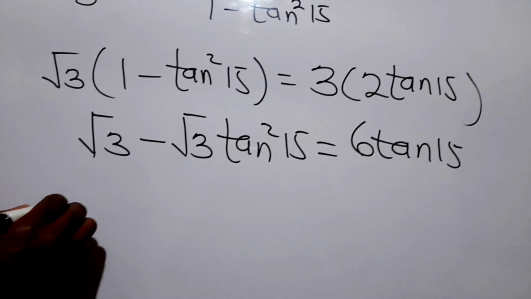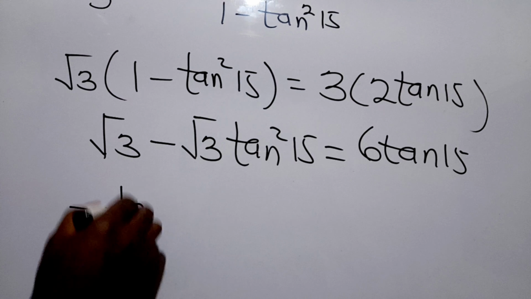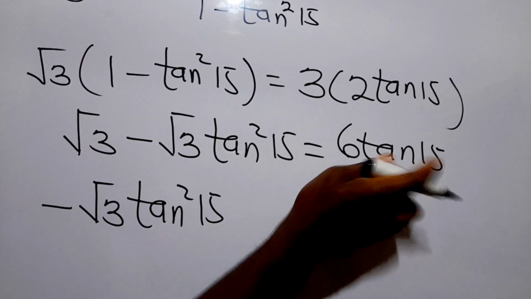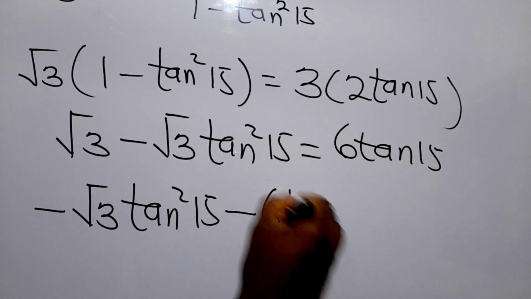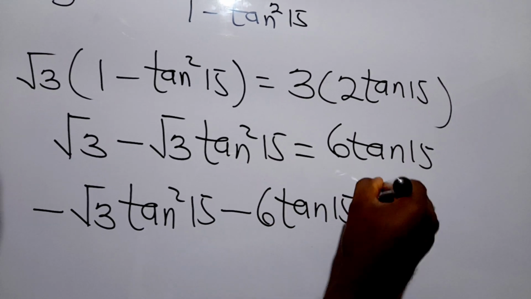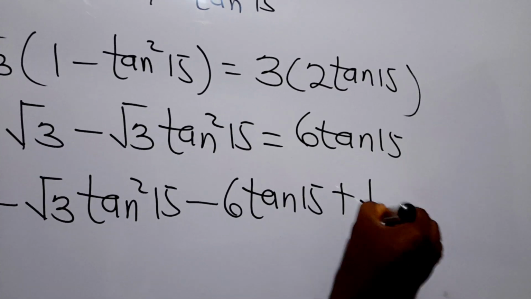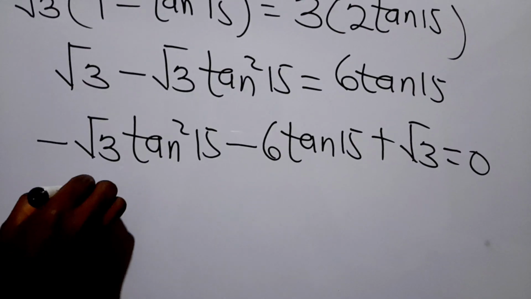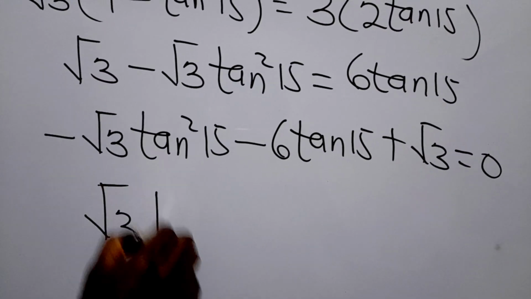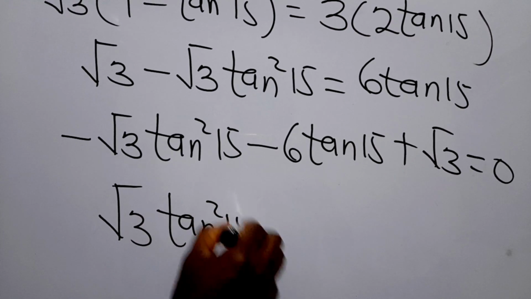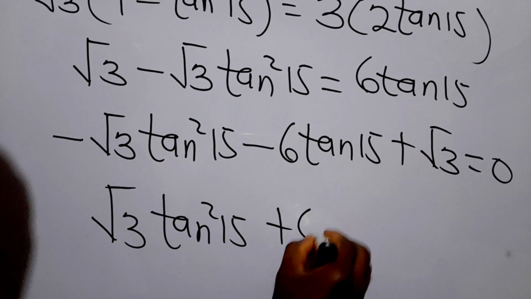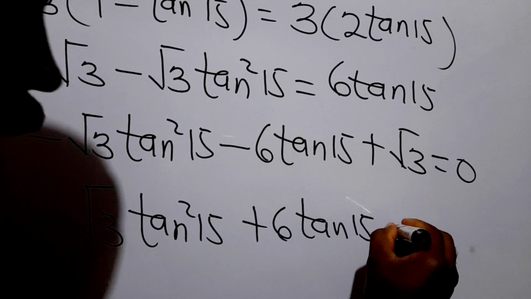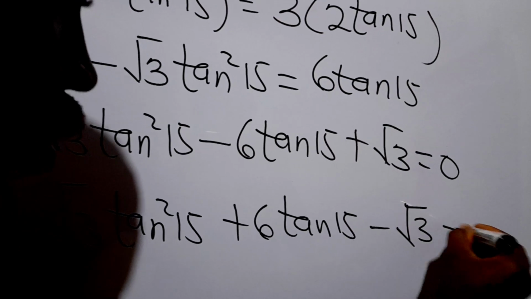So we can rewrite this as negative root 3 tan squared 15. I'll bring minus 6 tan 15 plus root 3 will be equal to 0. I'll multiply through by negative 1, then I'll get root 3 tan squared 15 plus 6 tan 15, then minus root 3 will be equal to 0.